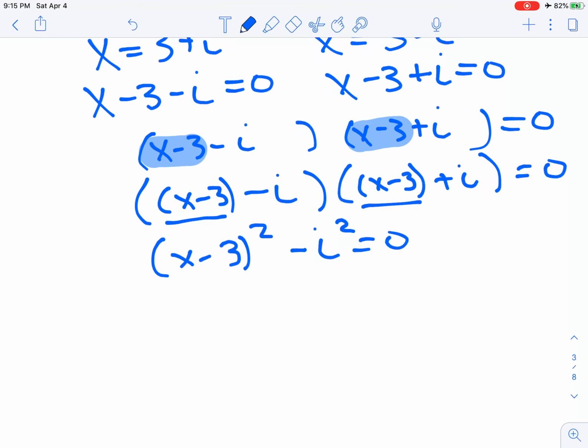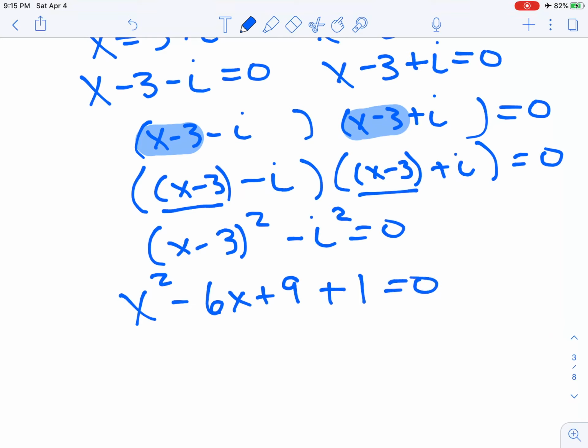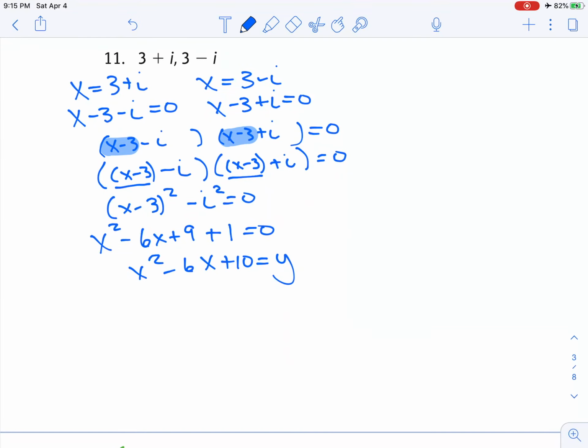So I get x squared minus 6x plus 9 plus 1 equals 0. So x squared minus 6x plus 10 equals y. And I now have an equation.